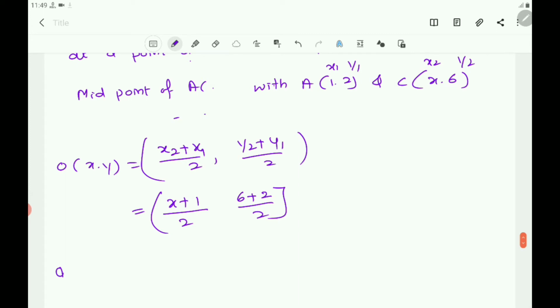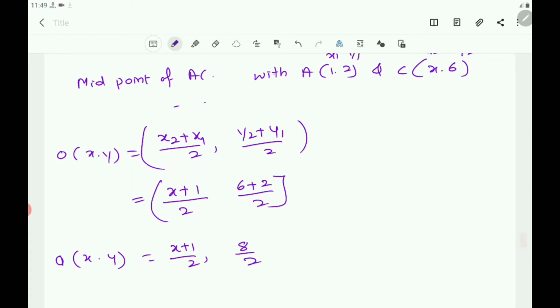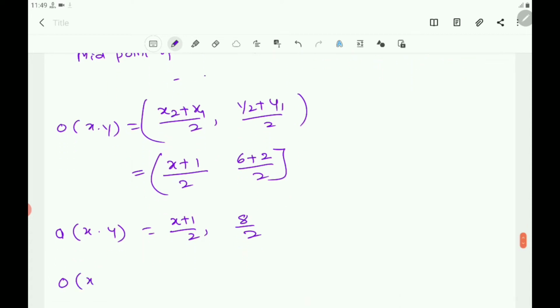Then O of (x, y) equals ((x plus 1) by 2, 8 by 2), and 8 by 2 is 4.